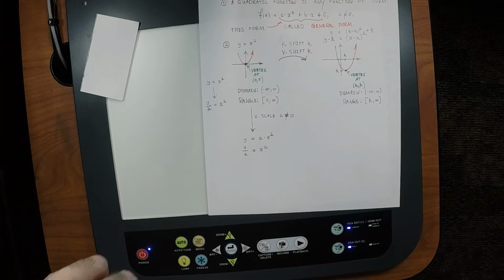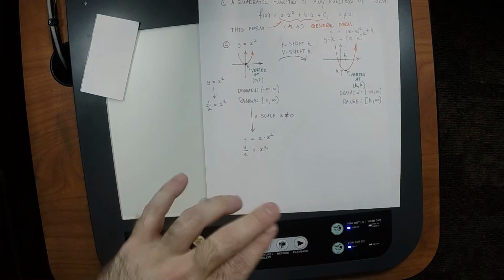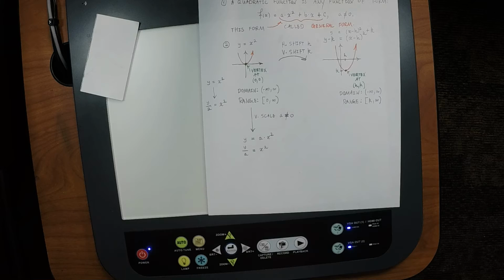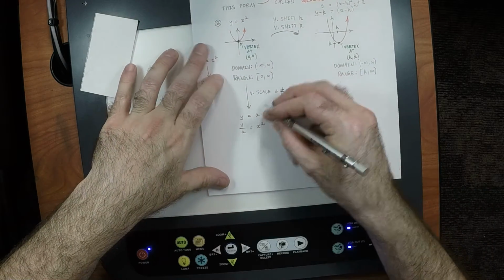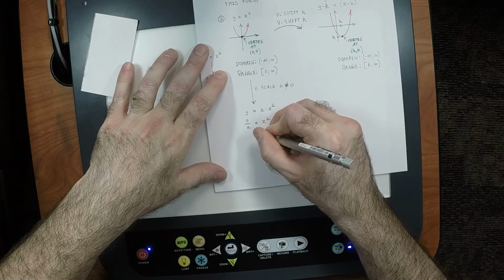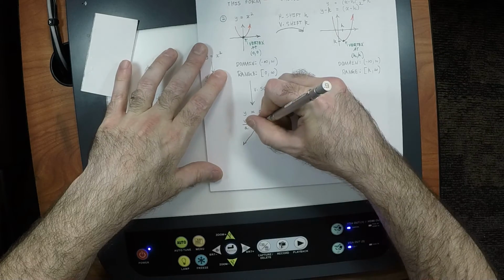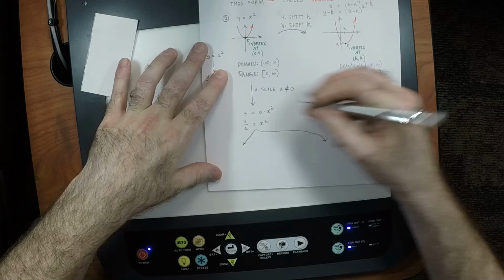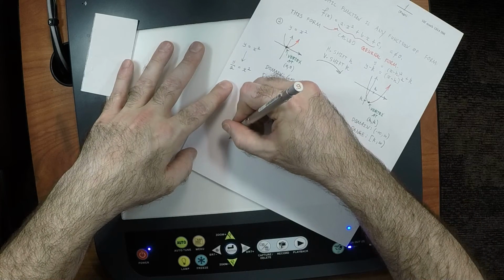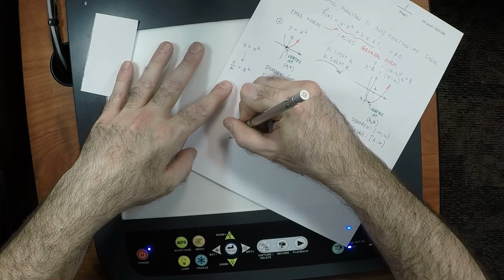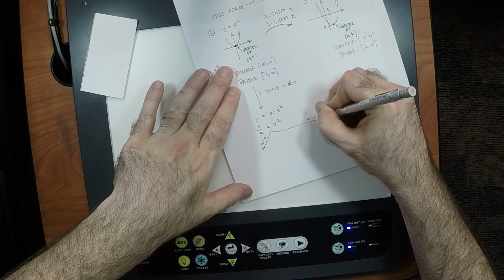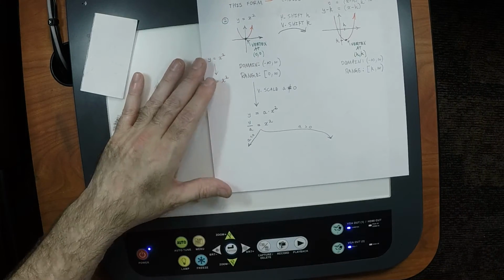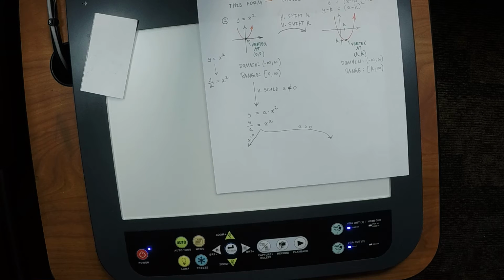Now, concerning A, A could be negative or positive. So now let's consider those two possibilities. If A is positive, that means that we're not going to do a flip.